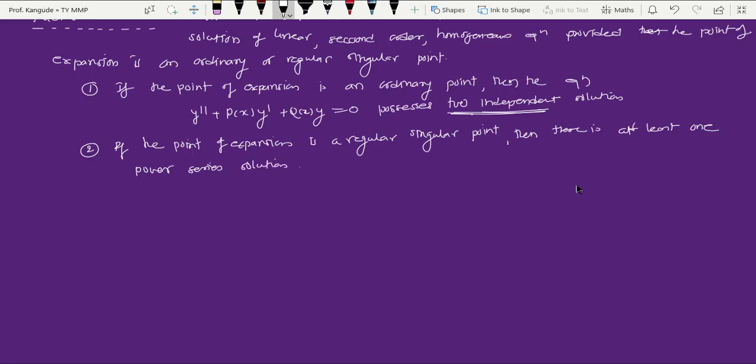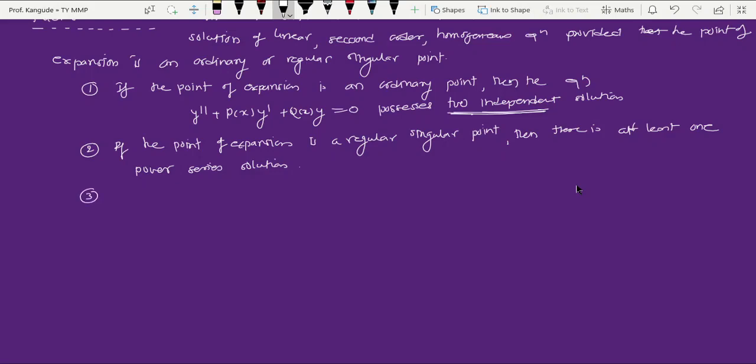So what happens if there is an ordinary point? Then there is no issue, and that type of differential equation possesses two independent power series solutions. Whereas if the point of expansion is found to be a regular singular point, then at least one power series solution is possible.